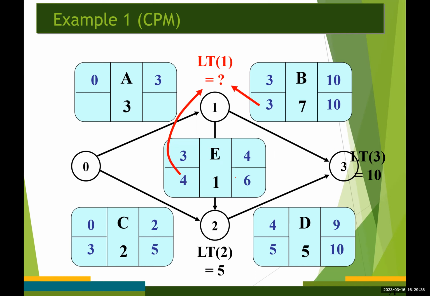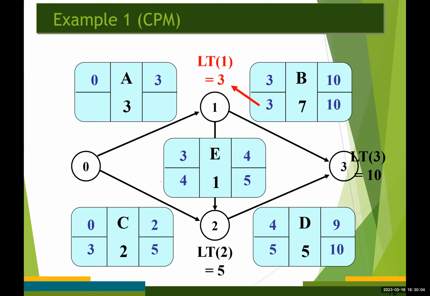Now we need to determine the latest time for event number 1. We need to take the minimum value between 3 and 4, because activity A must be completed before activities B and E can begin.